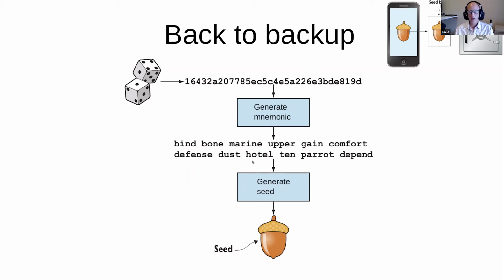We have written this down on a piece of paper and stored it in a safe place. The next step is to actually generate the seed. We'll go through this seed generation later too, but we generate the seed from these 12 words. So you generate the mnemonic, and from the mnemonic, you generate the seed.